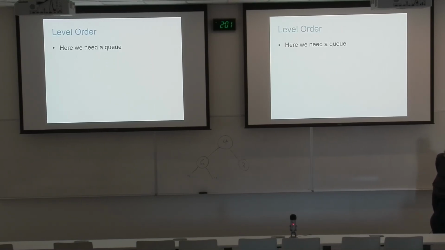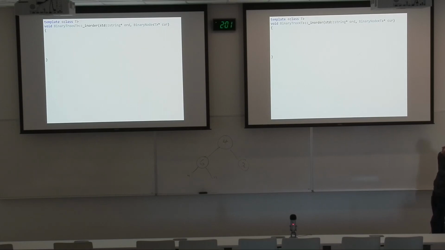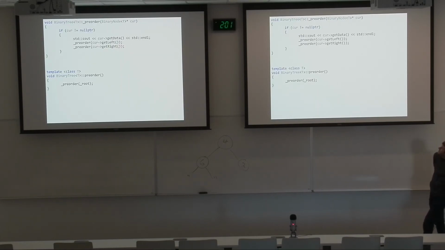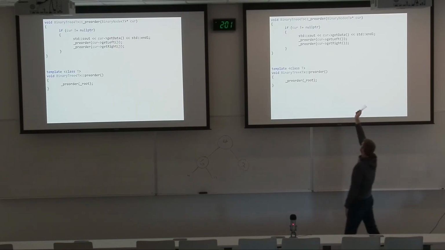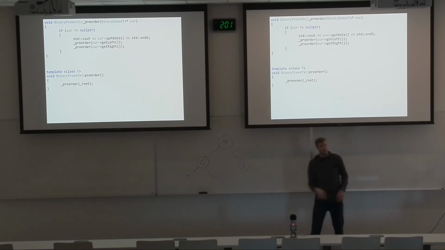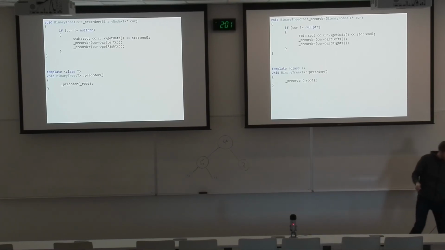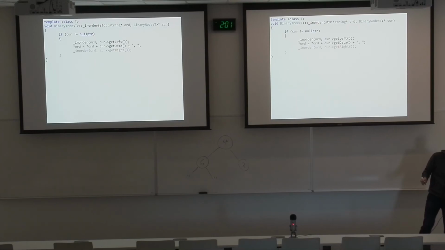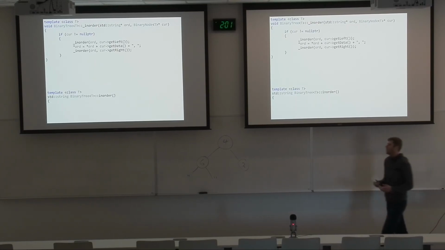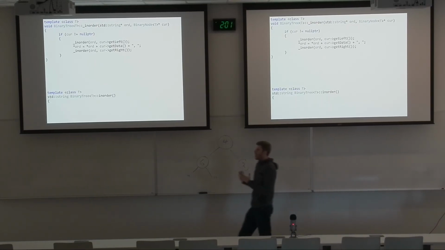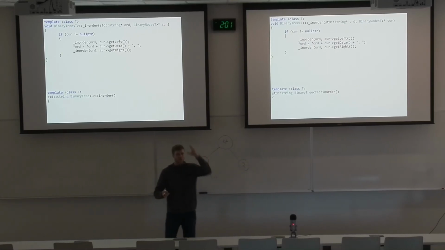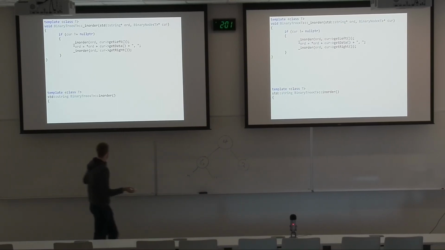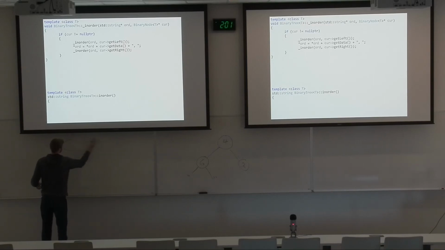And if you're having a hard time with the difference between my pre-order and in-order, with my pre-order I was just printing out the values. See? Just cout, get the data. Just printing it out. That's it. But the in-order was a little bit more complex because I was doing string building. Well, the only difference is here, I'm also including a pointer to some string somewhere. So I've got a string that exists somewhere.